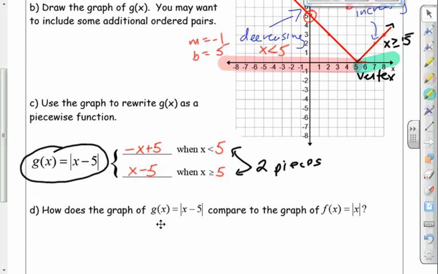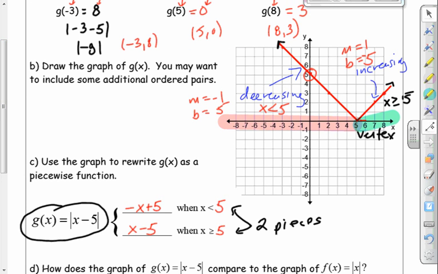So how does this graph compare to the graph of f of x equals the absolute value of x? Well, remember that graph looked like this. It had a vertex at the origin, a slope of -1 and +1. Here was the vertex of the original. Here's the new vertex.